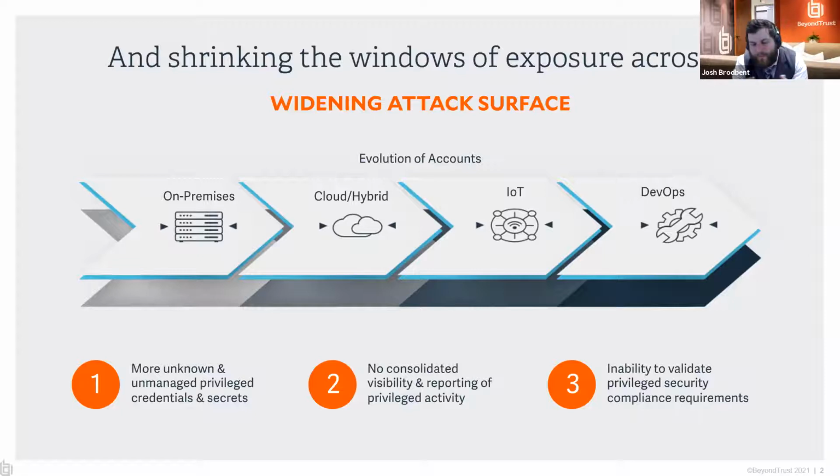We are ending up with more and more unknown credentials, and we're ending up with no consolidated visibility across our environments of these credentials that exist. So we have to do something about this.